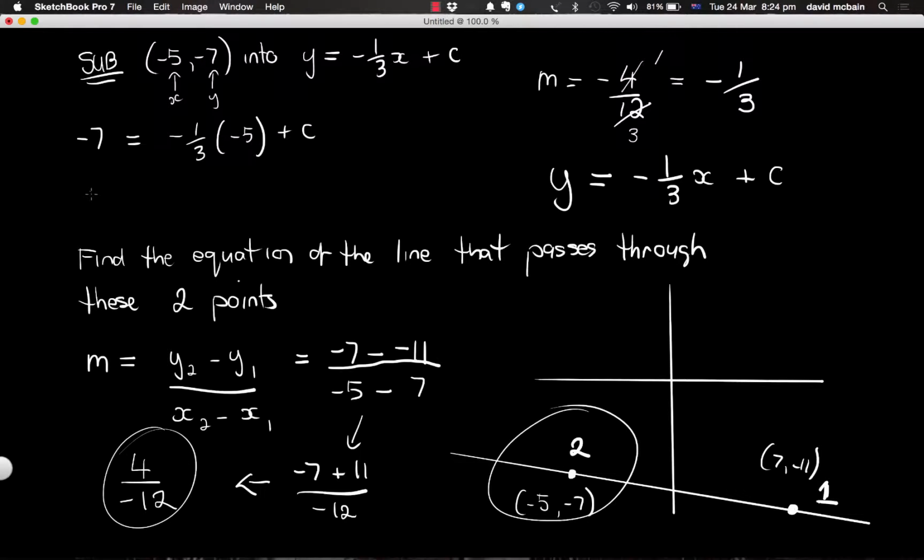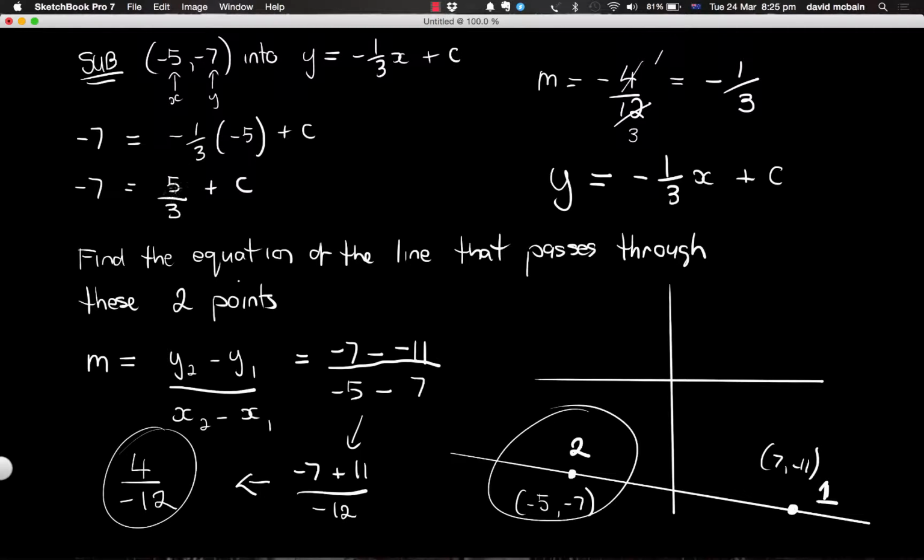So if we simplify that, that's going to be -7 equals, now we're multiplying a fraction by a whole number. When you're doing that, the whole number multiplies by the top part of the fraction. So it's -5 times -1. In fact, it's going to be 5. So equals 5/3 plus c. Okay, so we're nearly there.